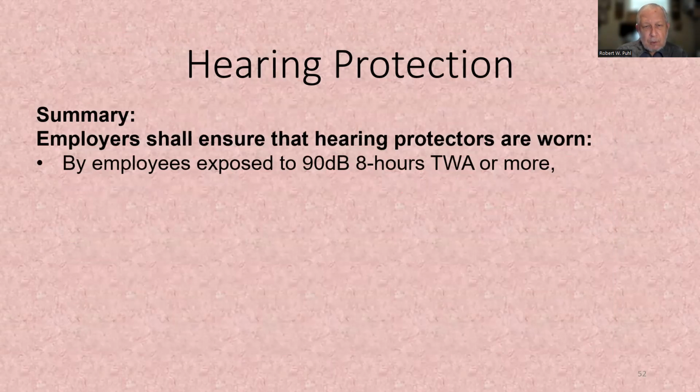So, summary: employers shall ensure the hearing protectors are worn by employees exposed to 90 decibels, 8 hours or more, 90 decibel, 8-hour time-weighted average. At 90 decibels, you have to wear hearing protection, okay? That's not debatable. Between 85 and 90, you don't have to wear them, but at 90, you gotta wear them.